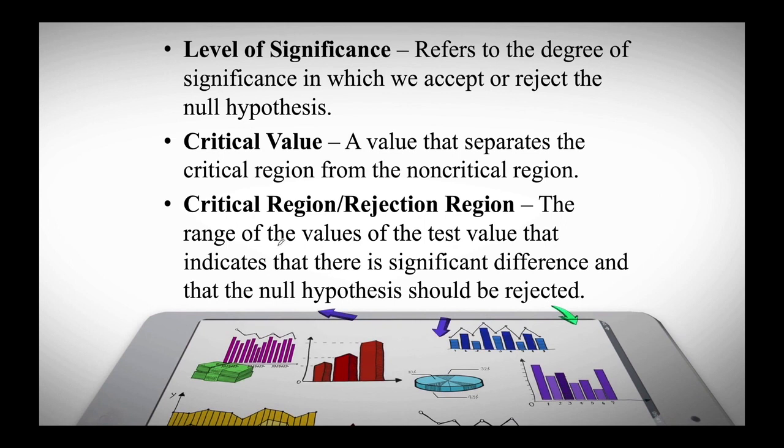By definition, it is the range of the values of the test value that indicates that there is a significant difference and that the null hypothesis should be rejected if nandoon tayo sa region na yon, which is again the rejection region, also called the critical region.